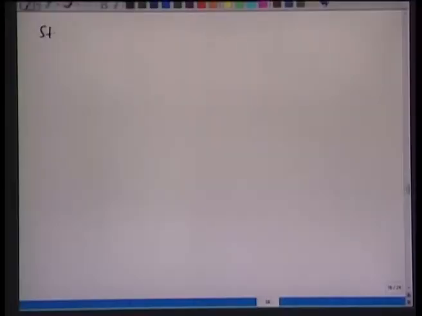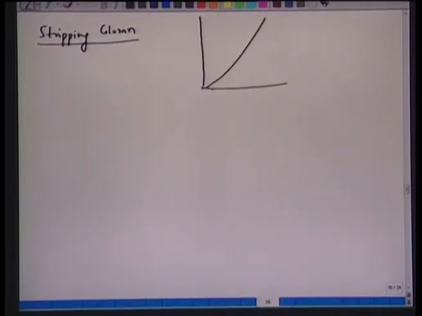So here, in case of a stripping column or desorption column, it's good to redraw the curve here, and let's see the slope of this, 2, 3 like this.